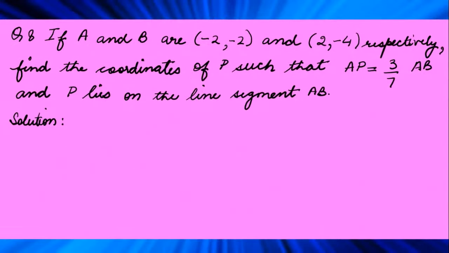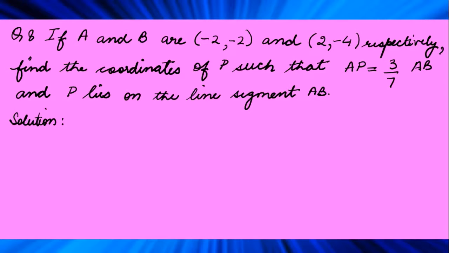Now come to question number 8. If A and B are (-2, 2) and (-4) respectively, find the coordinates of P such that AP equals 3 by 7 of AB and P lies on the line segment AB.